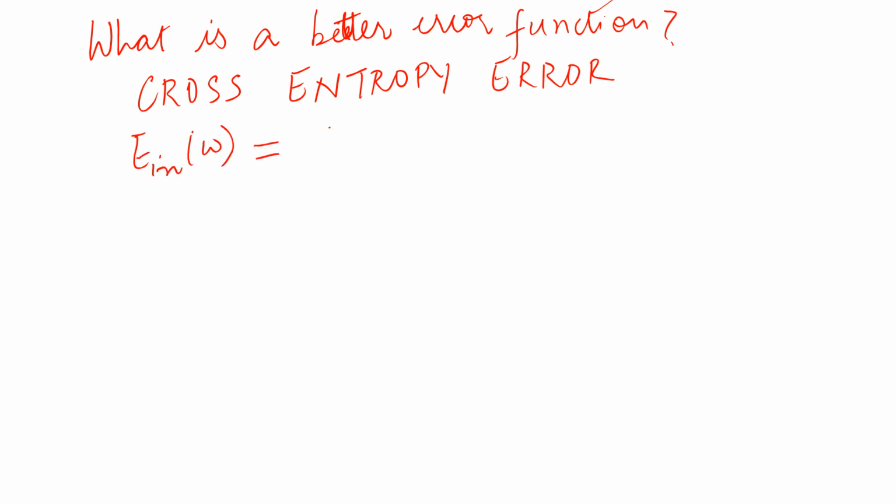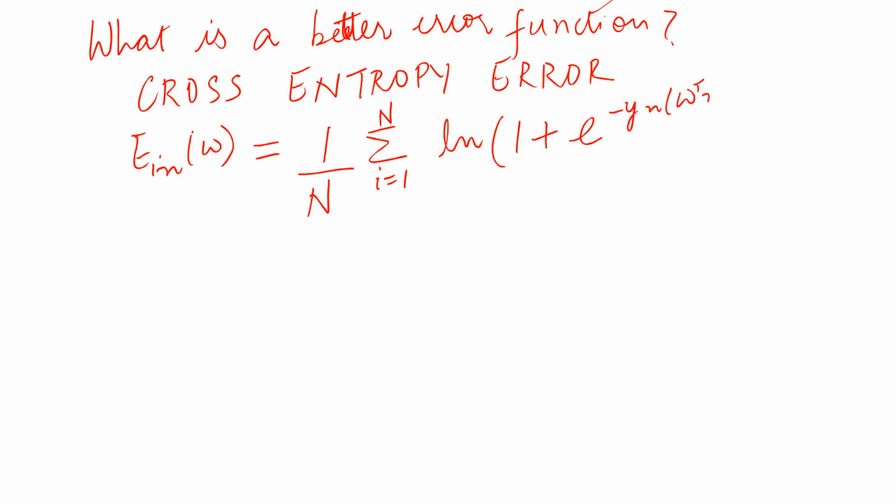Okay, so this is obviously averaged over all the data that we have from 1 up to n, and well, it has a slightly complex looking form, but I would say we shouldn't get too overwhelmed by what it looks like, because it looks complex, obviously, with the log and the exponent and all that, but its behavior is better than the one that we had before.